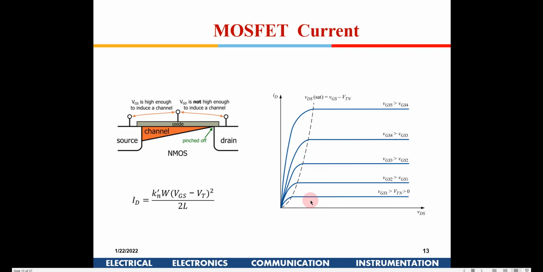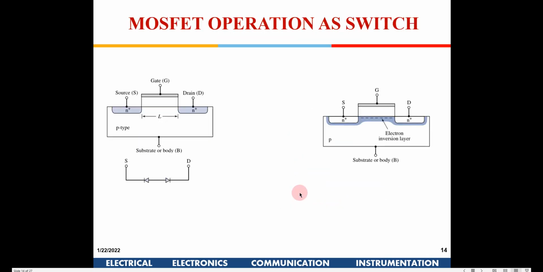Why doesn't the current equation have a variable for the depth of the channel? You mean this depth?